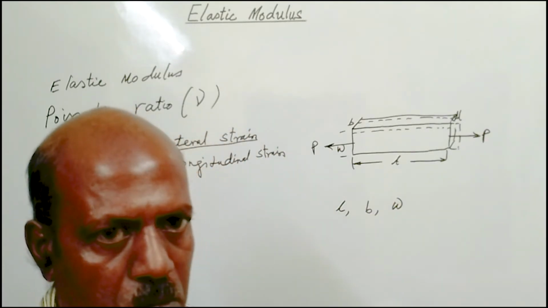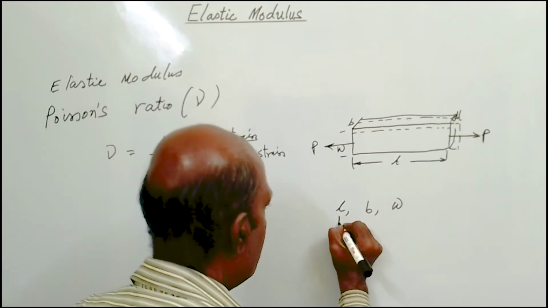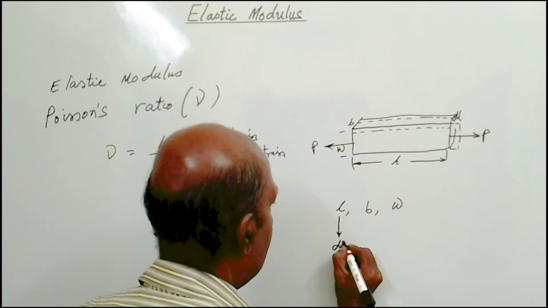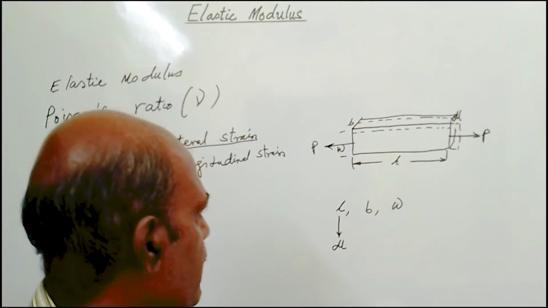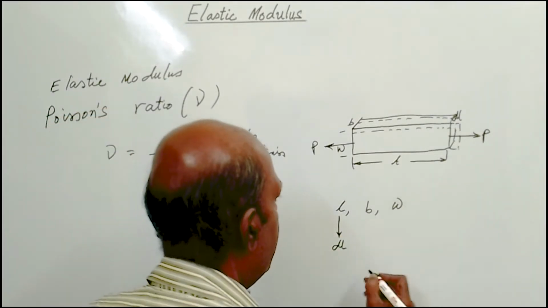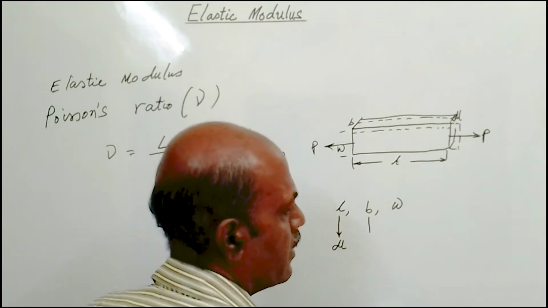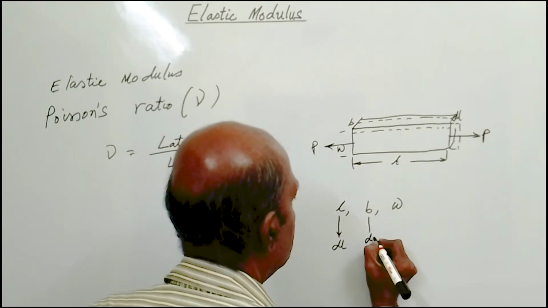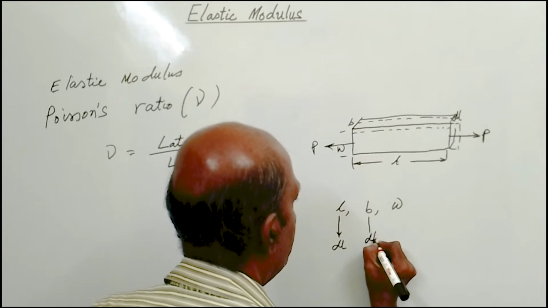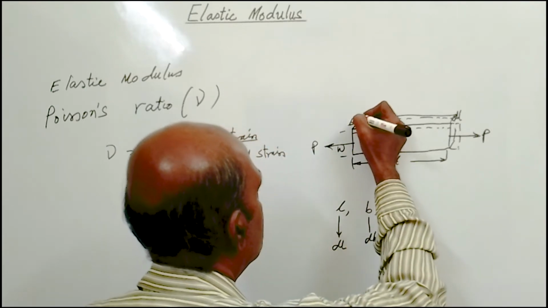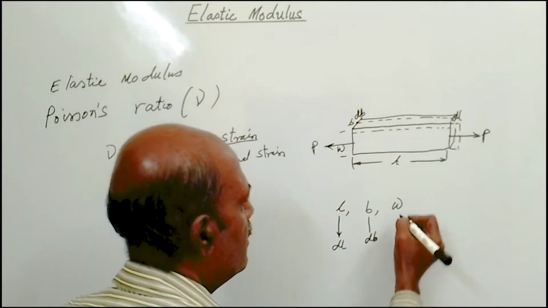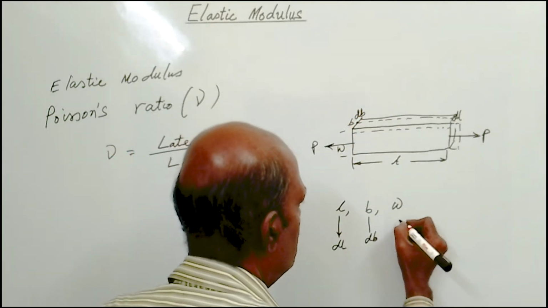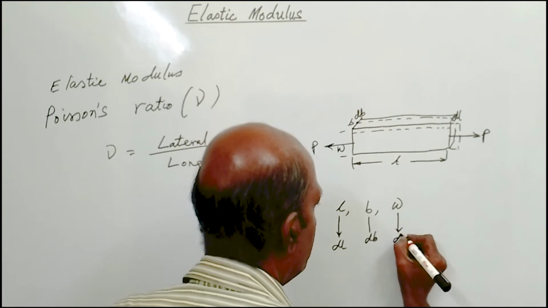Along direction L, dl is the increase in length because of the direct load. P is acting along length L, and along direction B there will be some change. Say dB is the change, which means it will reduce in size. Similarly, along direction W, the change is dW.